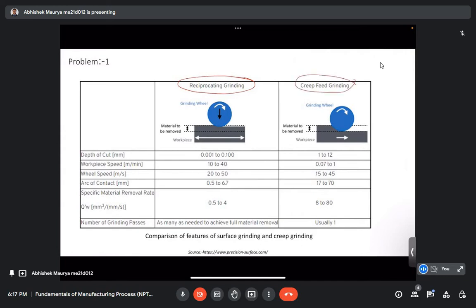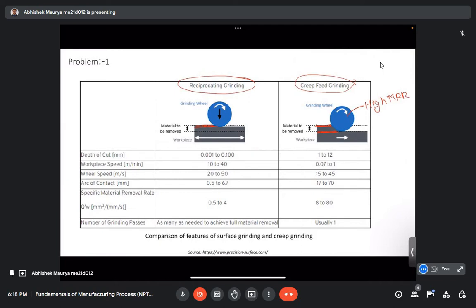We can see here depth of cut is very high, whereas here depth of cut is very minimal. Here our aim is just to improve the surface finish, whereas here our aim is to remove as much material as we can. Here we need high MRR.